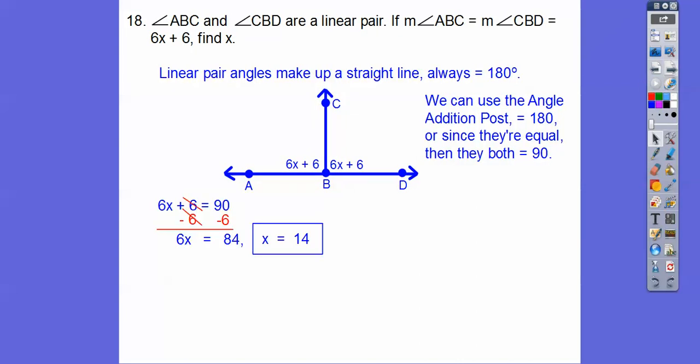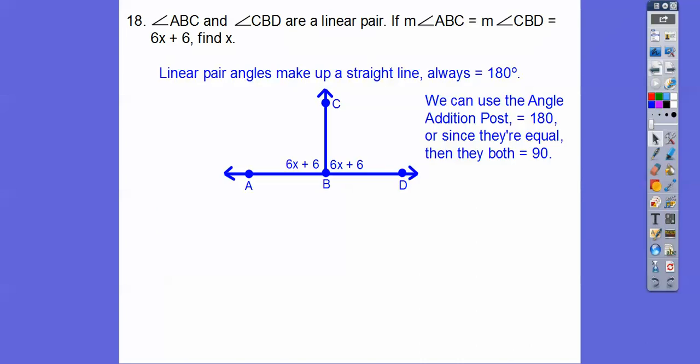So minus 6, and then we're going to divide by the 6 from the 6x, and 6 goes into 84 14 times. That's all it said. It said find x. It didn't say find the angles. We already know that they're 90.